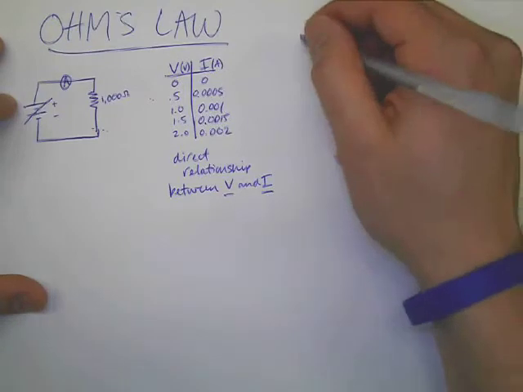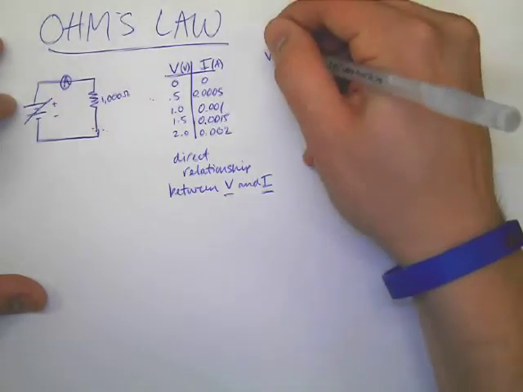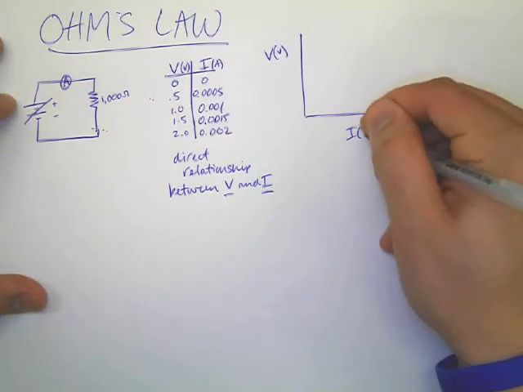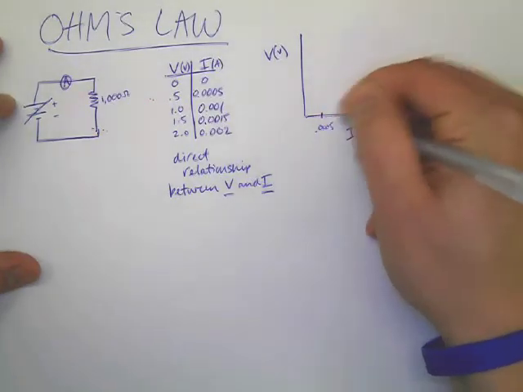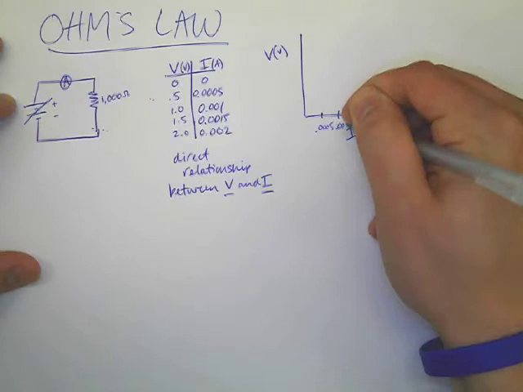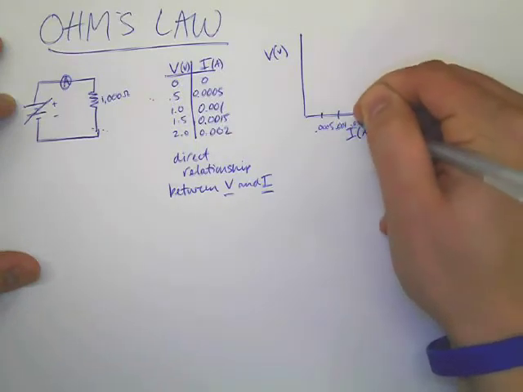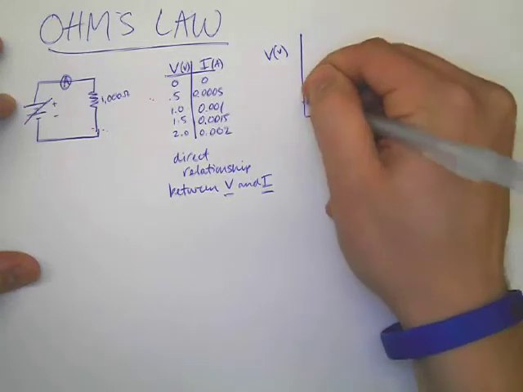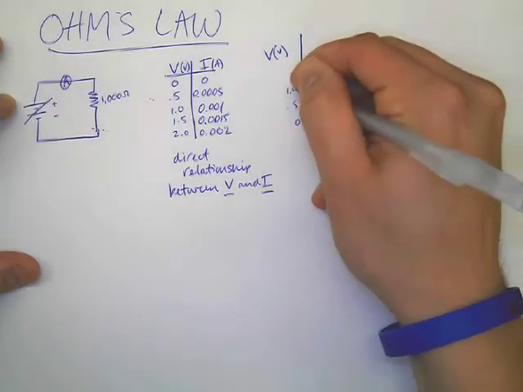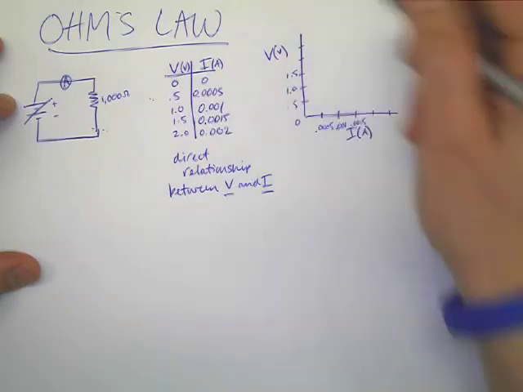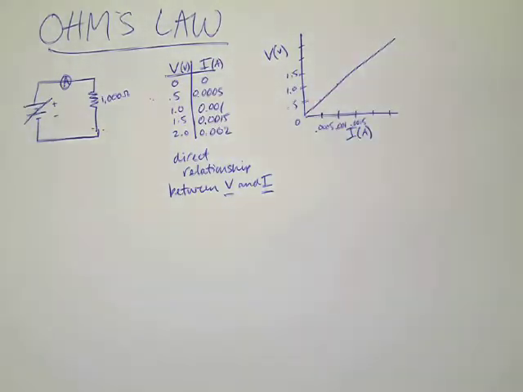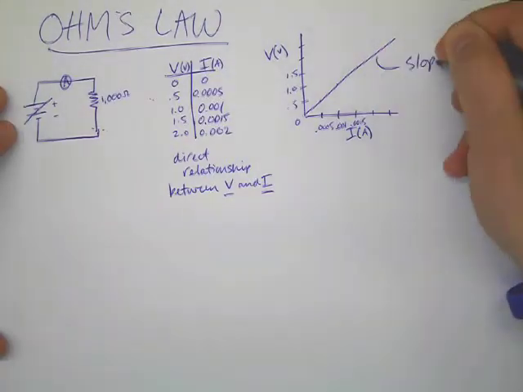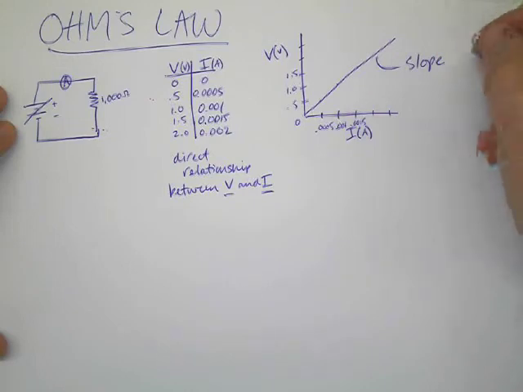Now when you plotted something like this on your calculators in the lab, what you would have seen is, if this is 0.0005, 0.001, 0.0015, and so forth, and we'll go half volt, 1.0, 1.5, and so forth, the points would have created a straight line, a linear direct relationship, and then we'd be calculating the slope of this, doing the regression.